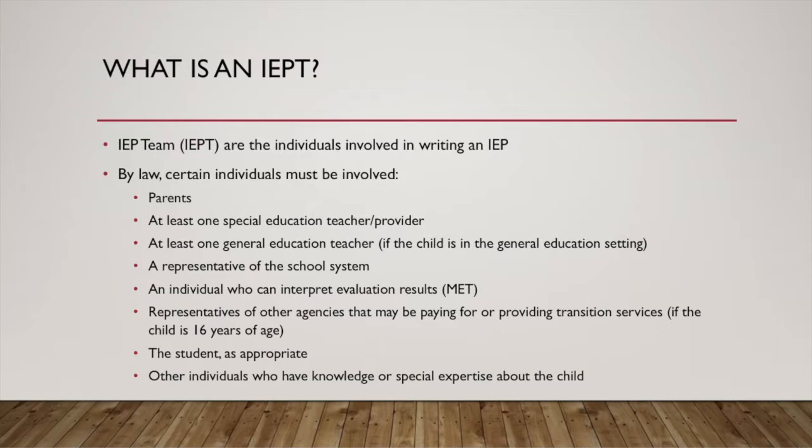This is if the child is 16 years of age, and they can be younger if it's deemed appropriate. And then the student as appropriate, based on their age, and other individuals who have a knowledge or special expertise about the child.